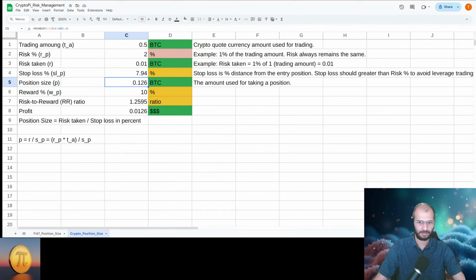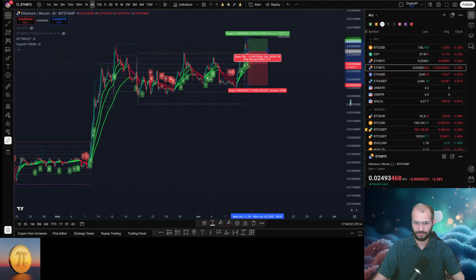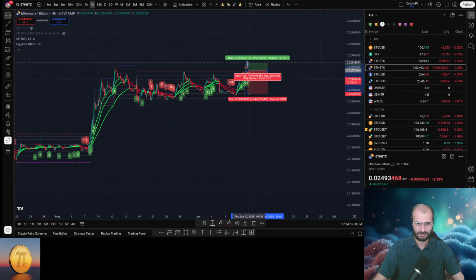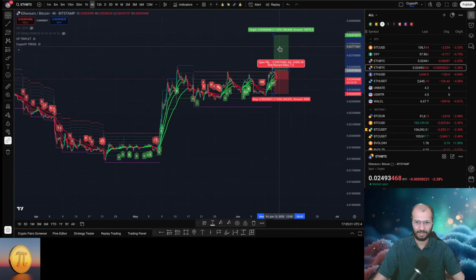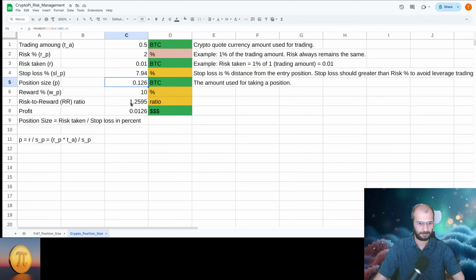The reward we do not know yet, but let us be consistent with our previous videos and make it 1.5, and that comes to about 11.94%. So if the trade is taken at the 1 to 1.5 ratio, the profit will be 0.015 BTC.